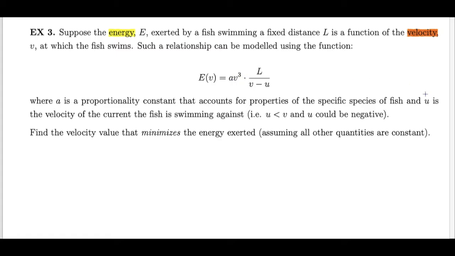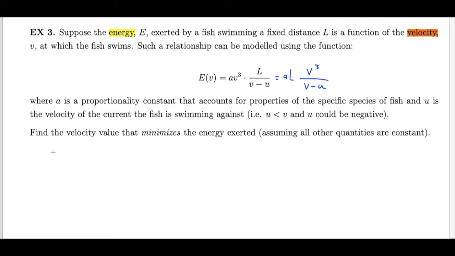So I think it'll be helpful to isolate the variable v in this expression by simply taking this L, moving it over, and then writing the v's in a single fraction. Now, in order to find the velocity value that minimizes energy, I'm going to follow a procedure very similar to what I did in the previous example, by which I will identify the critical points and then try to categorize those critical points in terms of whether they yield a minimum or a maximum.